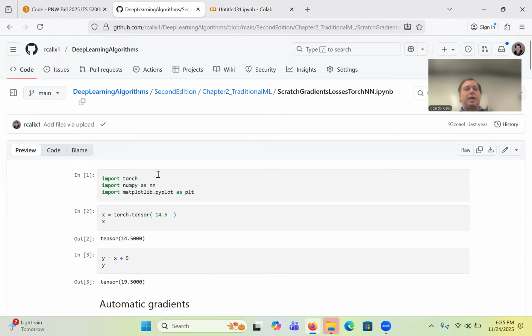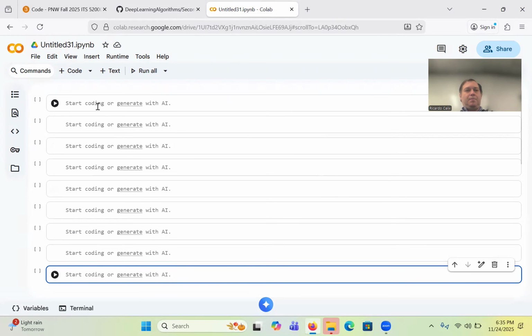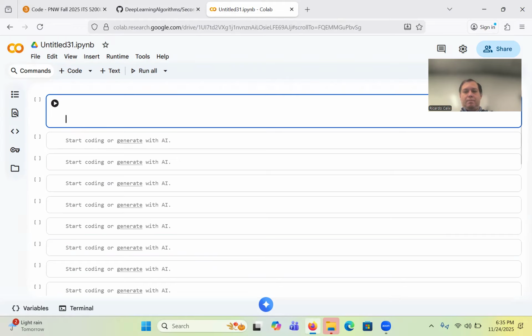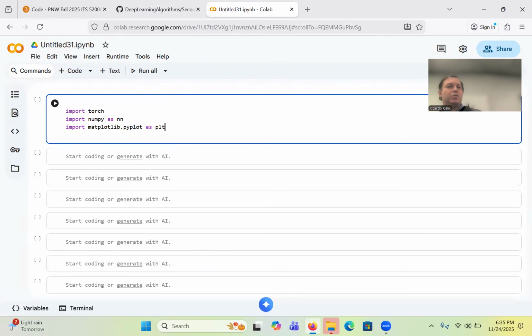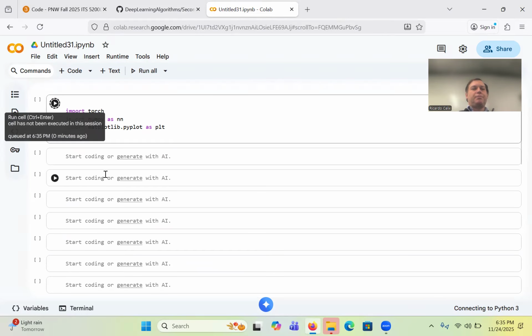Okay, so let's start at the beginning. We're going to need some libraries here. We're going to use Torch, NumPy, Matplotlib, just like before.